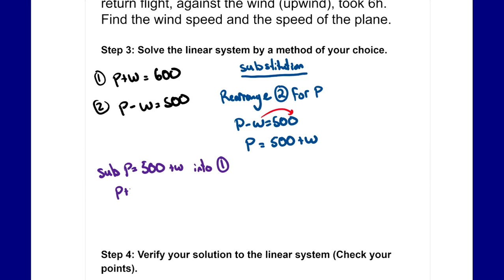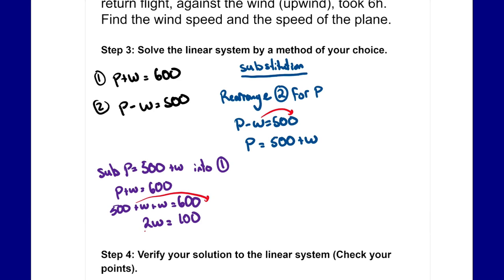So if P plus W equals 600, 500 plus W is equal to 600. I'm going to collect like terms, and at the same time move the 500 over, so I end up with 2W is equal to 600 minus 500, or 100.